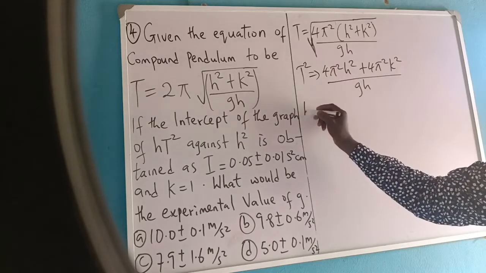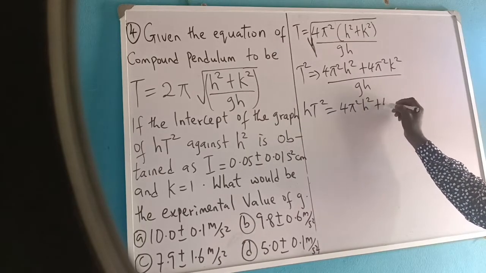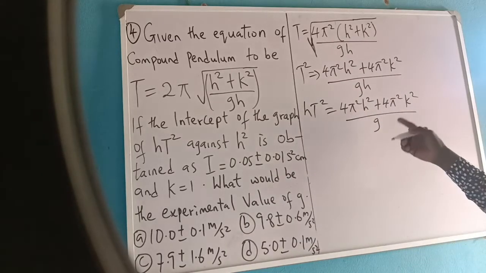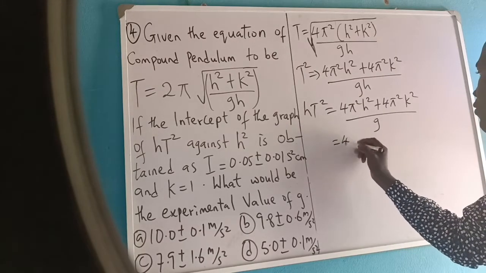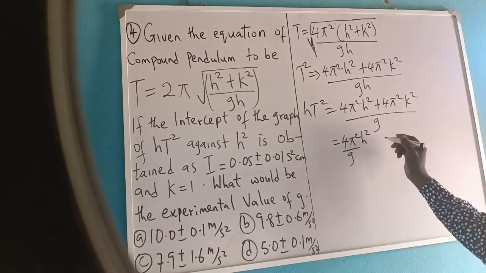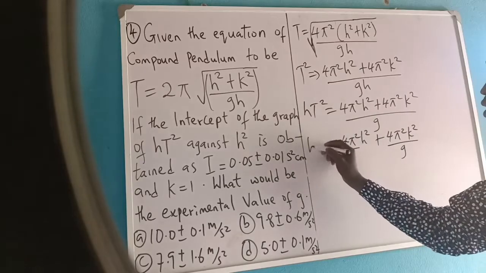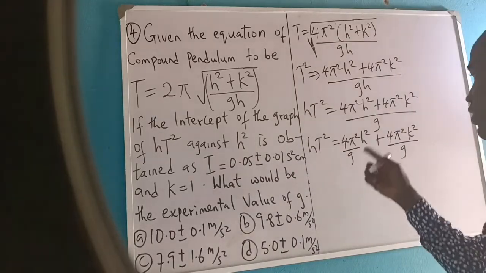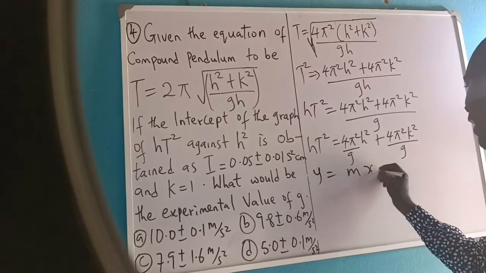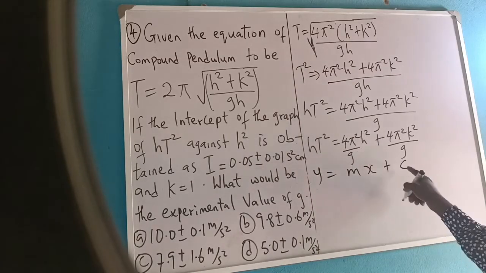So you take this h, you have hT square equals 4 pi square h square plus 4 pi square k square all over G. It means that we will be having 4 pi square h square, this G will go to this, plus 4 pi square k square all over G. Once you have gotten to this extent, compare it with the straight line equation, which is y equals mx plus c, where this is against x, this will now be the slope, and this will be the intercept.